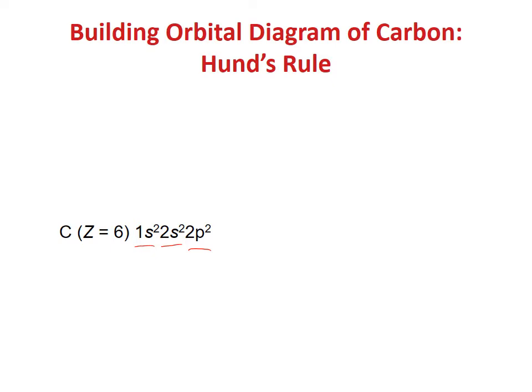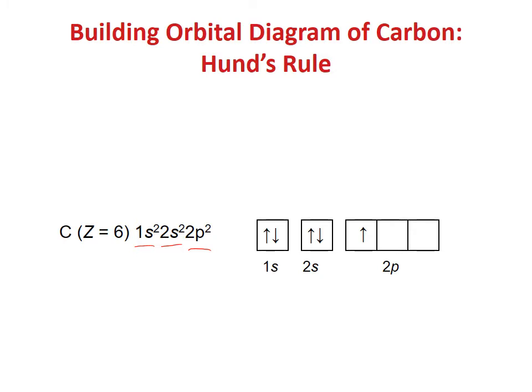Well, here are the orbitals. 1s has 2 electrons, 2s has 2 electrons, and 2p has 3 equivalent orbitals. So we put 1 electron in the first orbital, and this adds up to 5. And carbon has 6. So where does the 6th electron go?